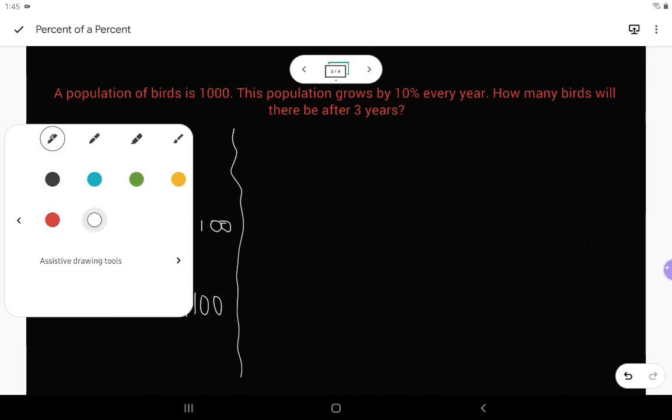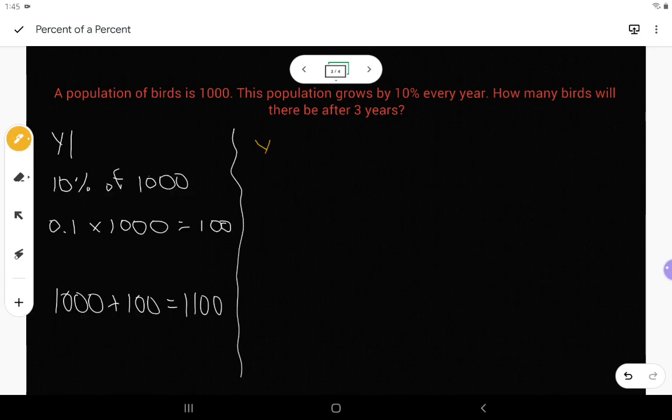Now, in the second year, there are more birds that are going to increase the population, right? The first year there were only 1,000 birds that could all get together and have little bird babies. But now in year 2, there are 100 extra birds that can now also have their own little baby birds, right? So I'm going to find 10% of my previous total.